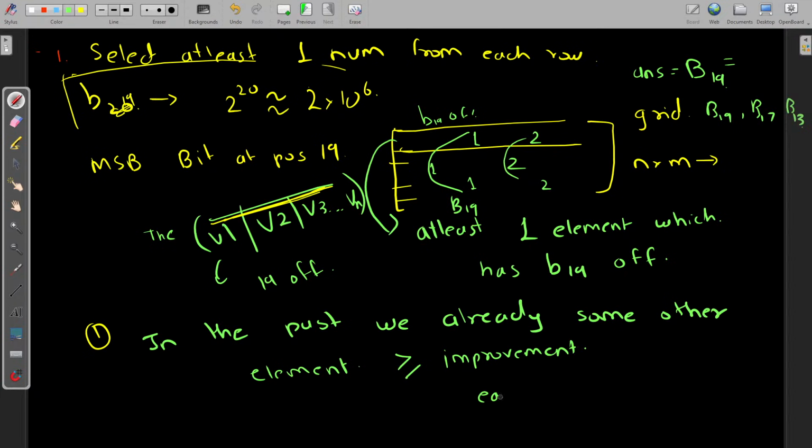The earlier bits which I selected, I have recorded that the 19th bit should be off. So in the new number also the 19th bit should be off. If I have found an answer in which the 19th and 18th bits were off, then when I'm trying to look for a better answer, in that better answer as well, the 19th and 18th bits should compulsorily be off, and in any other element which we are currently on.